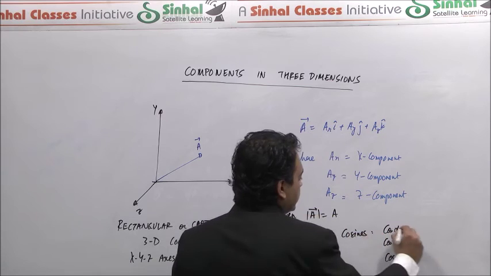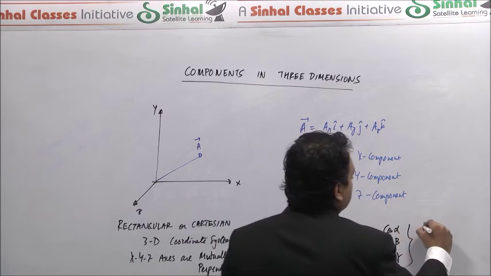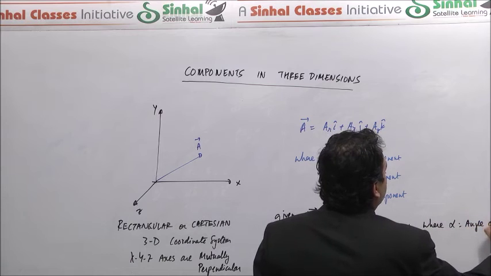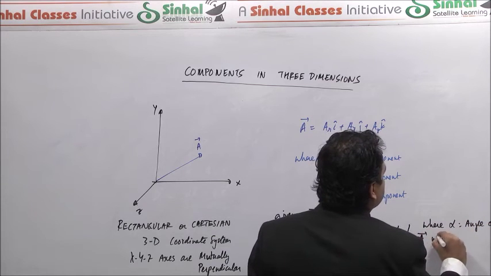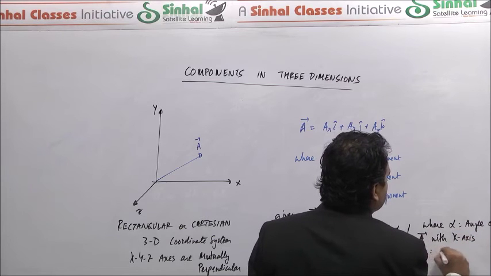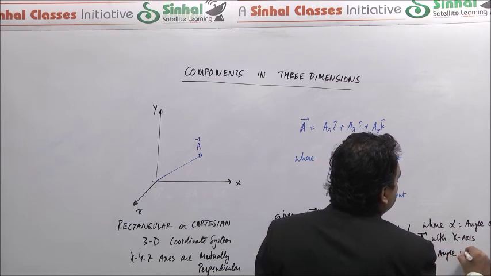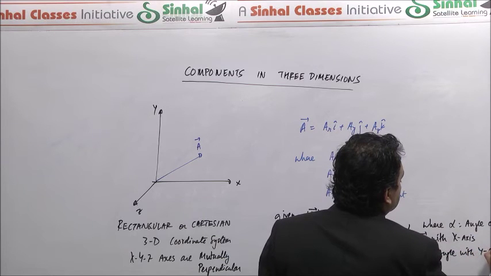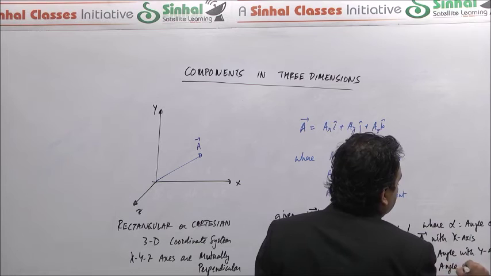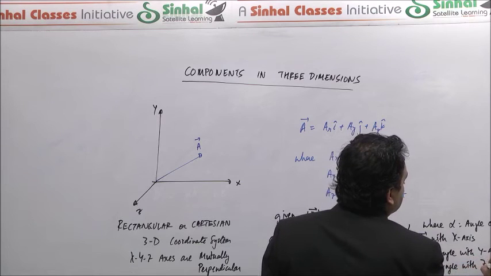So these are called the direction cosines, where alpha is the angle of the vector A with the x-axis. Similarly, beta is the angle with the y-axis, and gamma is the angle with the z-axis.